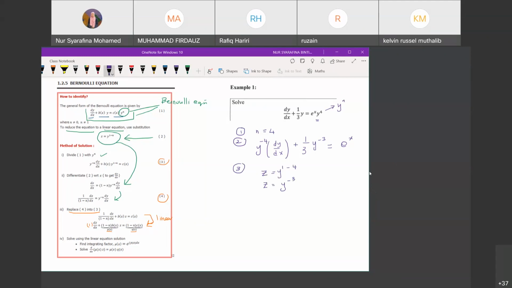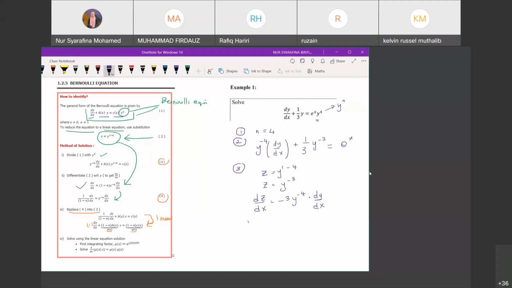And then once you get your z here, you differentiate with respect to x, you will have dz/dx = -3y^(-4) dy/dx.